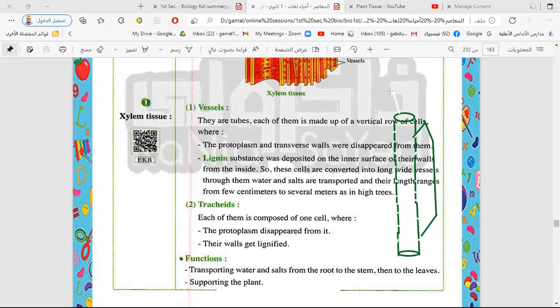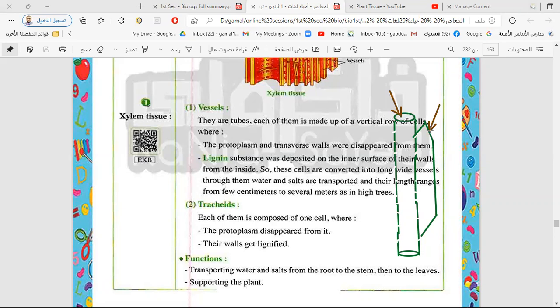This one is a vessel. The tube, as you see here, is called the vessel. And this one is called what? This one is called tracheid. What is the difference between vessel and tracheid? The vessel is wider and has a spherical or round end.